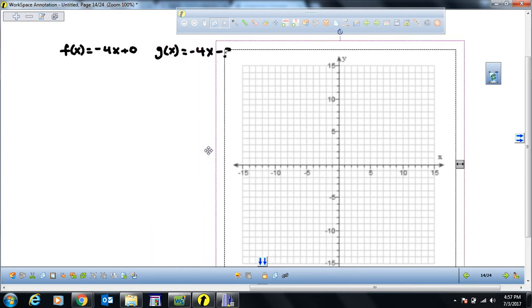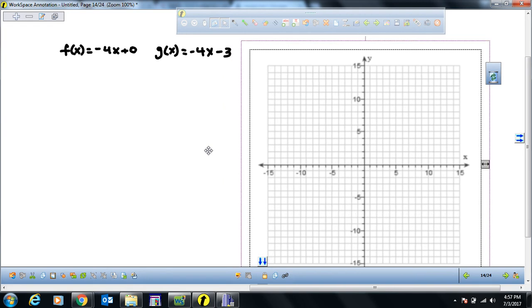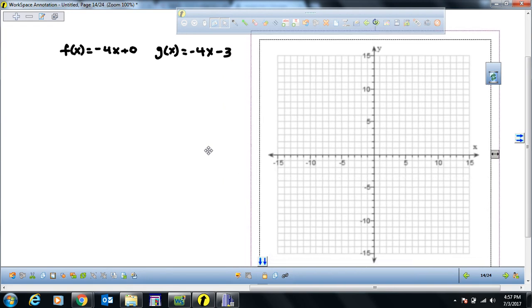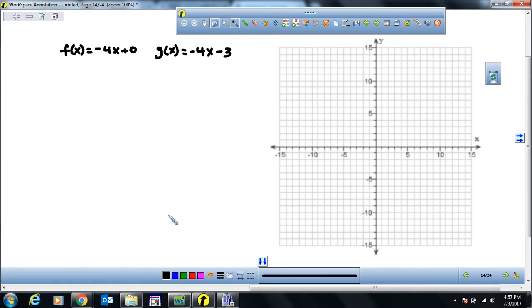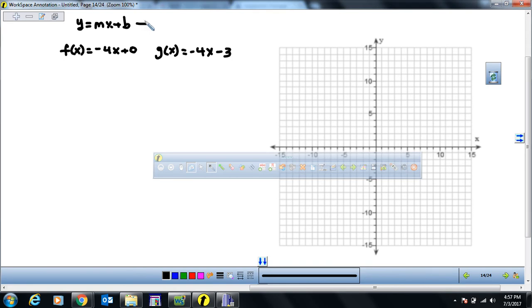This method that we're going to learn right now is just for lines, okay? We can use what is called the slope and the y-intercept of the line, okay? So anytime, we need to make sure that the equation is in the form y equals mx plus b. So it has to be in this form, and this is called the slope-intercept form.